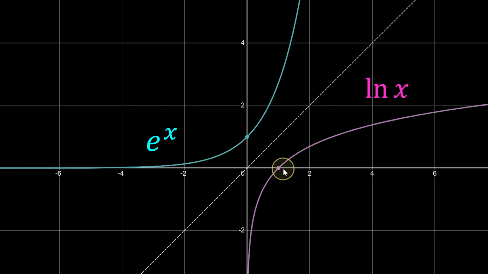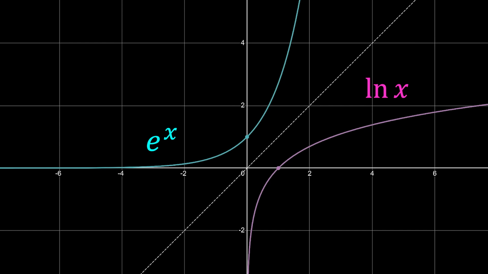But as you go along at every single spot, it's a mirror image over this line y equal to x. And as a result of that, it has the opposite behaviors. Where exponential has what we call a horizontal asymptote to the x-axis, when you flip that over, logarithm has this vertical asymptote getting closer and closer but never touching the y-axis.